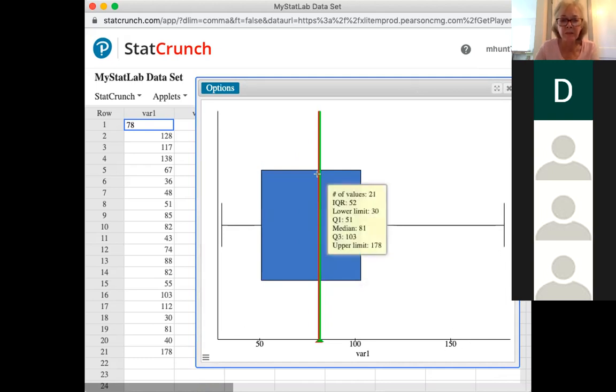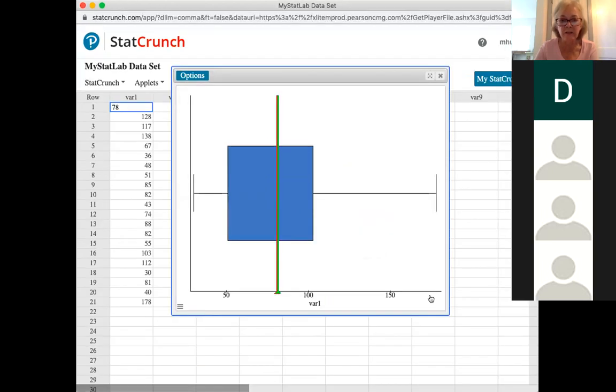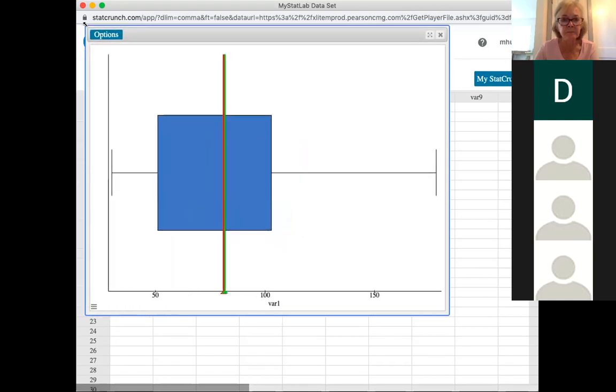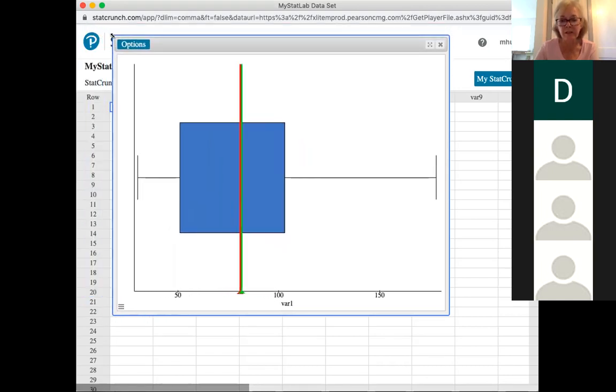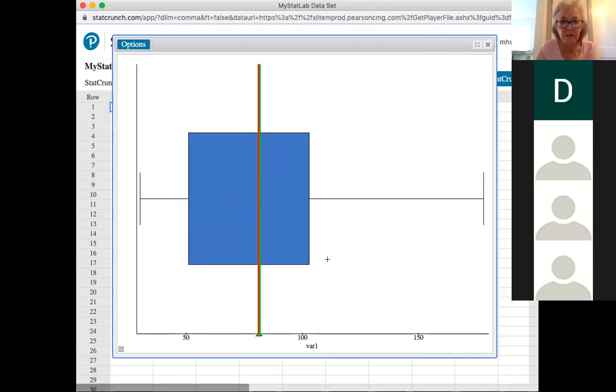Well, if you hover over this red bar, they're so close together you can hardly tell the difference. You can see the box plot, can't you? Yep. Okay. They are so close together that they appear to be the same.